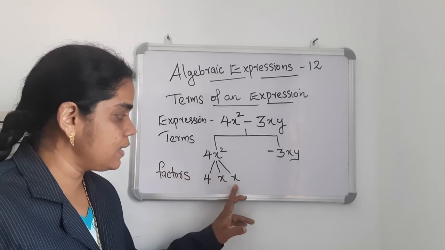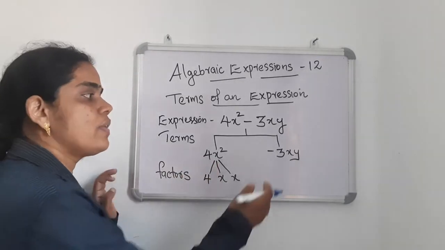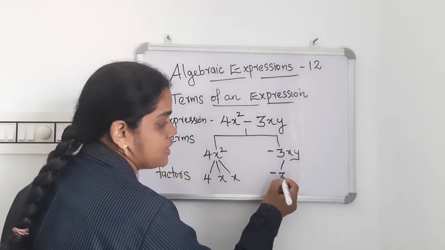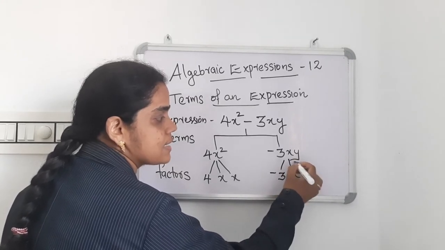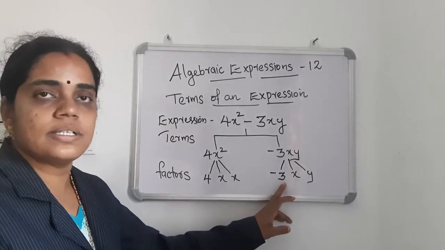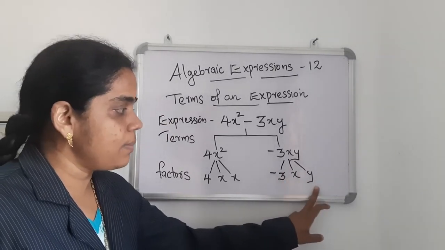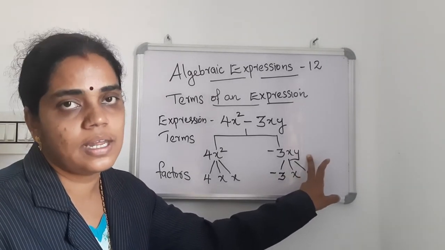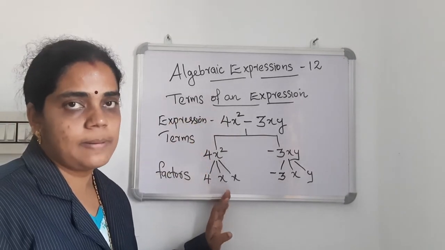While multiplying these factors you will get the term. What about the other term? One factor is -3, another factor is x, another factor is y. So the three factors are -3, x, y. If we multiply these three factors, you will get the term -3xy. So these are the terms of an expression.